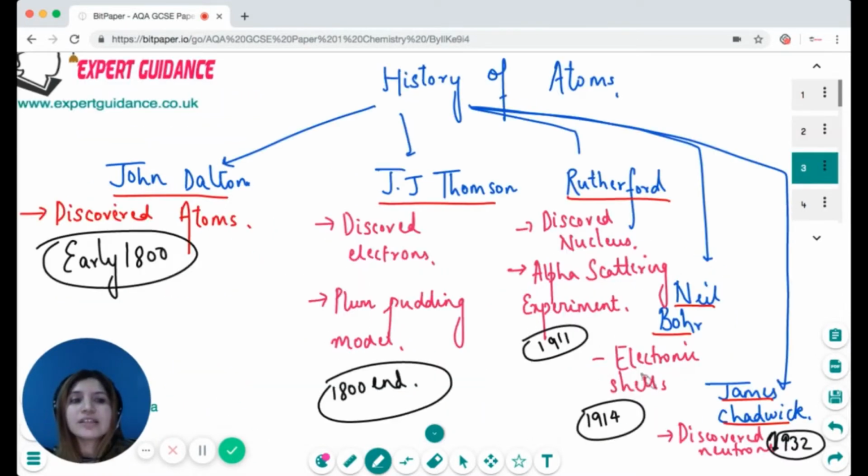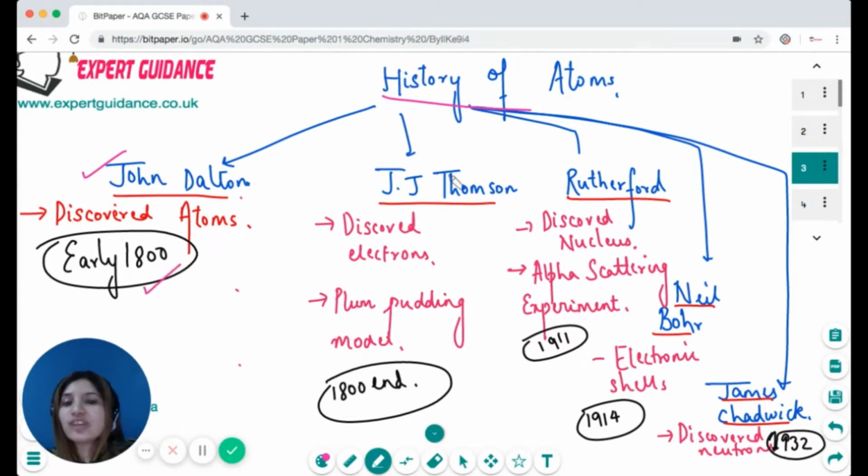Okay, so let's begin. When we talk about the history of the atoms, there are 5 major scientists whose names you should remember, and what contribution they made in the discovery of the atom. The first one was John Dalton, who gave the idea of atoms in the early 1800s.